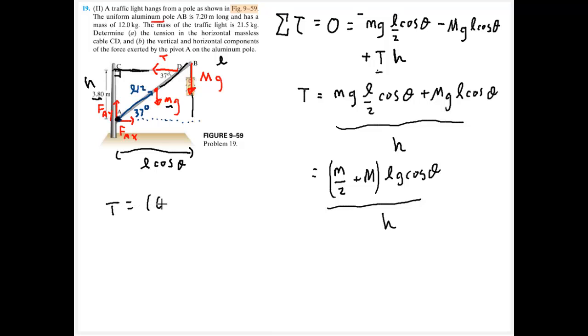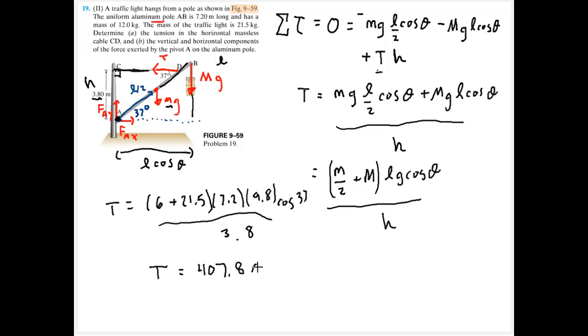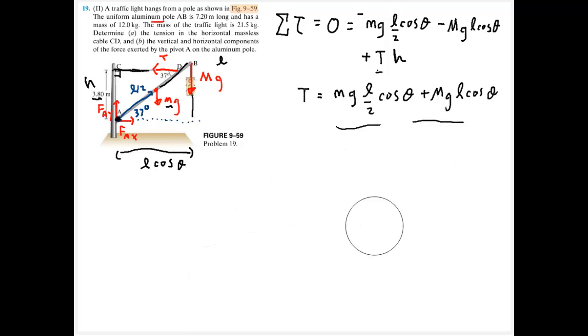My tensional force is going to be 6 kilograms plus 21.5 kilograms multiplied by the length, 7.2, 9.8, cosine the angle 37, divide all that guy by 3.8, and I get my tensional force to be equal to 407.8 newtons.